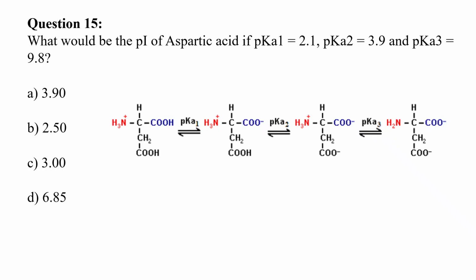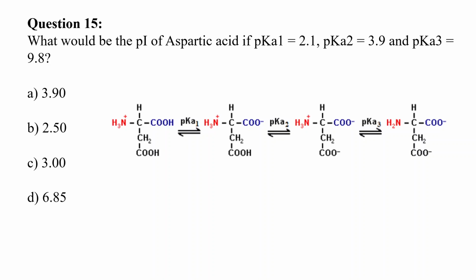Okay. So moving to the next question, question number 15. What would be the pI of aspartic acid if pKa1 is equal to 2.1, pKa2 is equal to 3.9 and pKa3 is equal to 9.8?